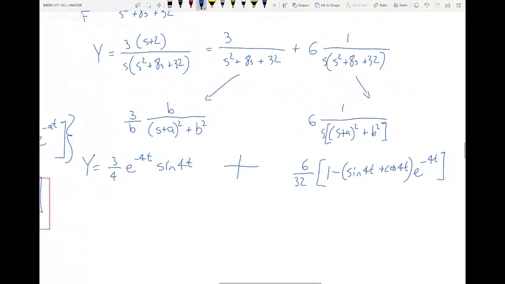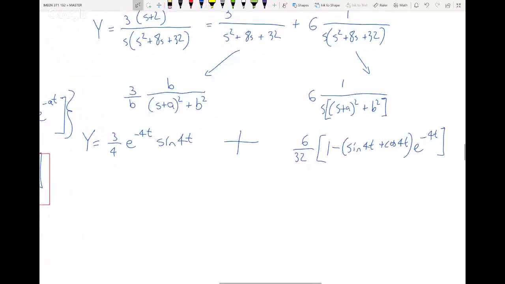And that doesn't make it too messy because we've got an e to the negative 4t sine 4t, and we've got another one right here. Excuse me, this is lowercase y. I'll cut out the middle steps for you here and just show you what this looks like combined.